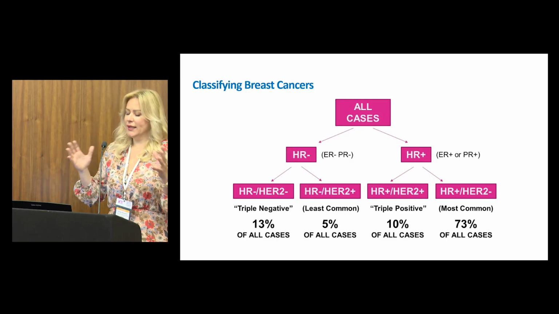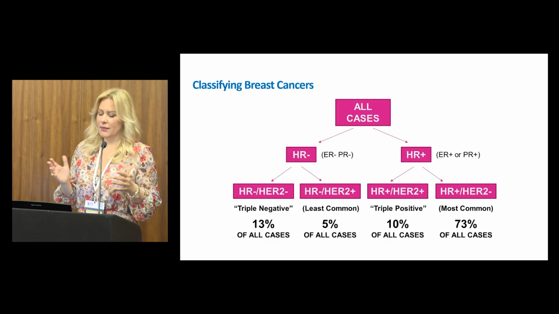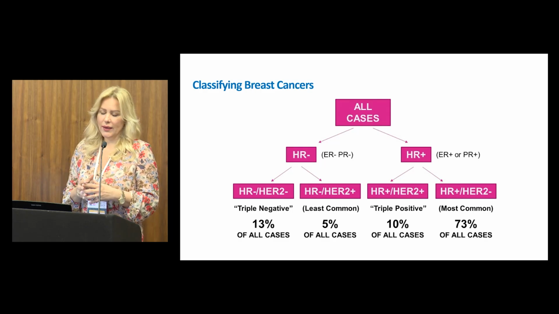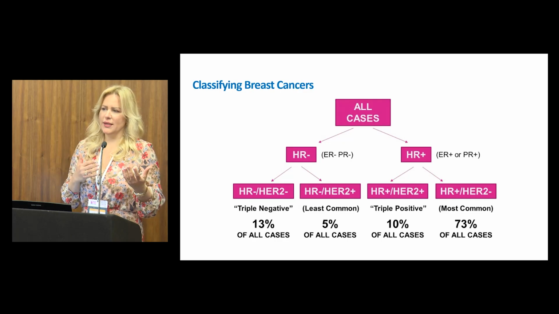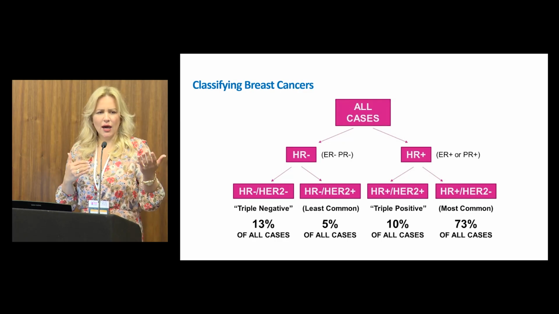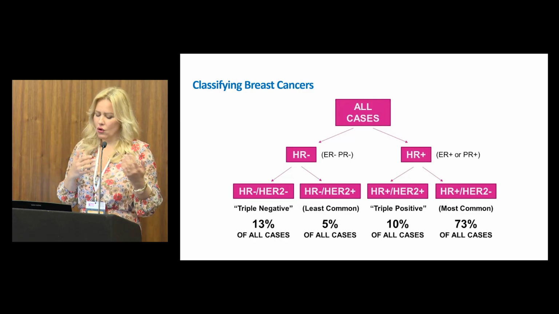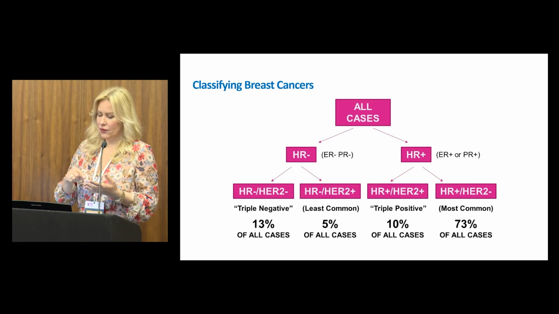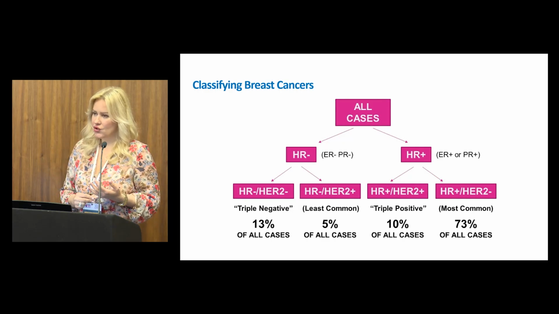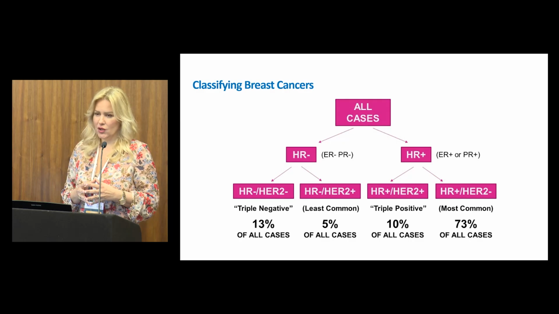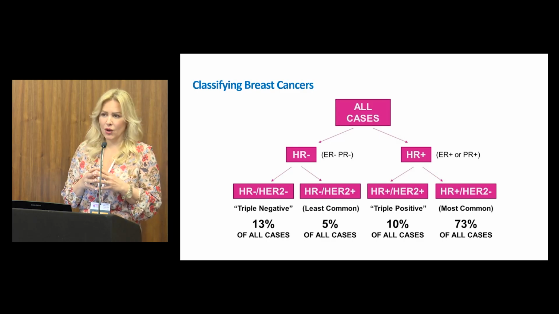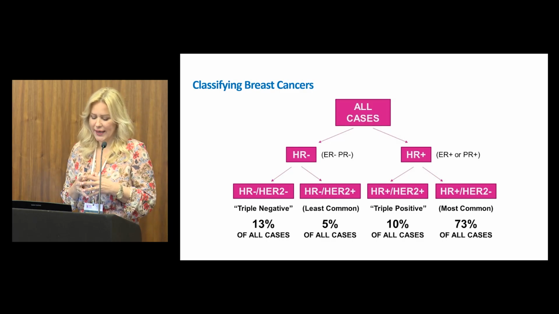We divide all cases of breast cancer into HR positive and HR negative. HR is the hormone receptor, and sometimes you see it as ER, the estrogen receptor. We have the triple negative, the ones that are negative for the estrogen receptor, the progesterone receptor, and the HER2, and these comprise a really small group of breast cancers, about 13 to 15% of all cases.